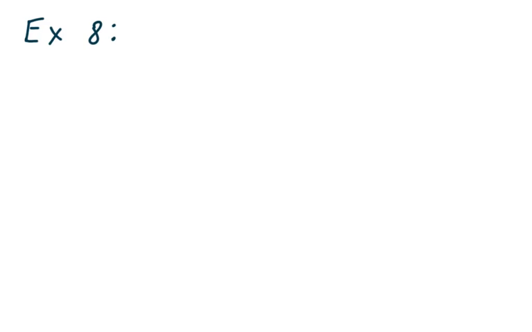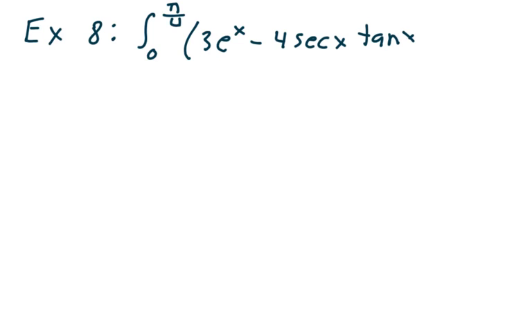Suppose I take a look at example 8. Suppose I take the integral from 0 to pi over 4 of 3e to the x minus 4 secant x tangent x dx. Remember that the antiderivative of e to the x is e to the x. So we get 3e to the x minus the antiderivative of secant x tangent x, which is secant x.